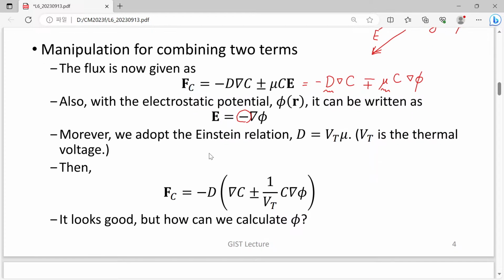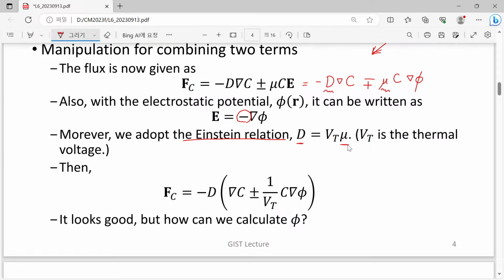However, we adopt the Einstein relation. Here the Einstein relation means that diffusivity and mobility are linearly proportional through the thermal voltage. So that is the Einstein relation.